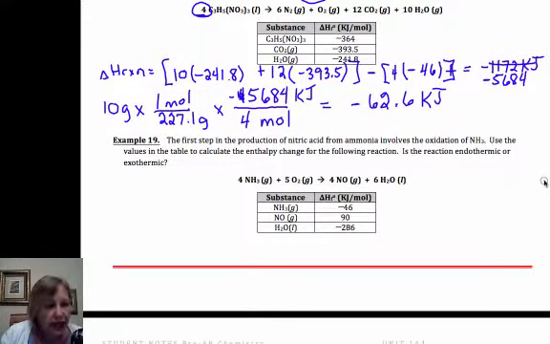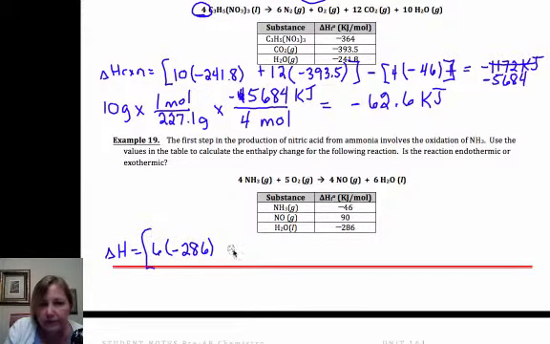Now the next one, we have the production of nitric acid. Starts with the oxidation. Oxidation means to gain or lose electrons. In this case, oxidizing means to lose electrons. And so our enthalpy is equal to 6 times water. This time it's a liquid, so it's a different value given. And they'll be given.